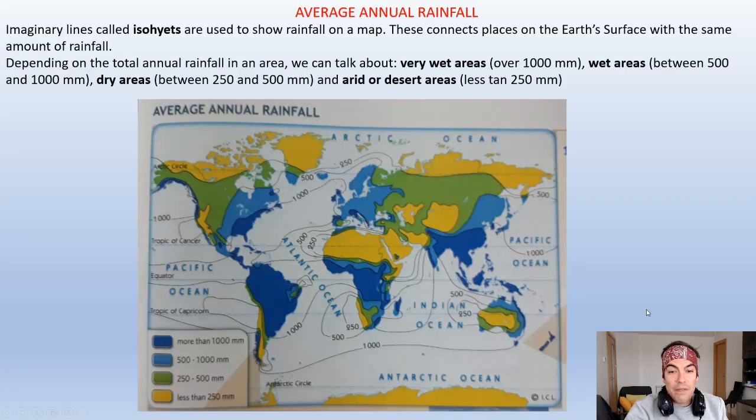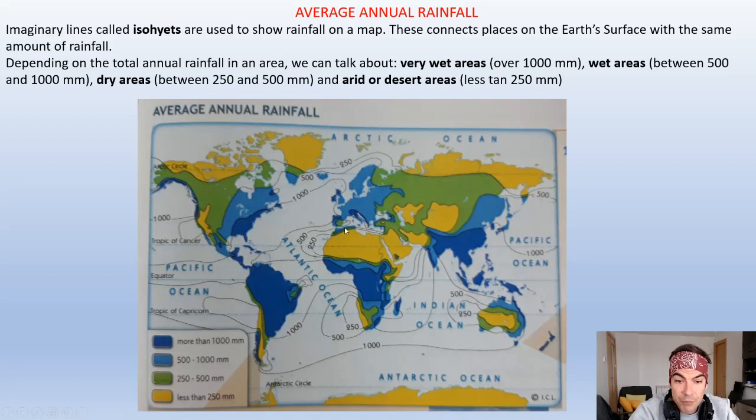So here you have a world map with the average annual rainfall, which is the amount of precipitation that occurs in one area over a year. Here you have imaginary lines, which are called isohyets. I am not sure how to pronounce this. They are used to show rainfall on the map.